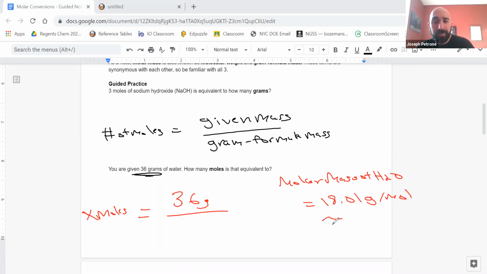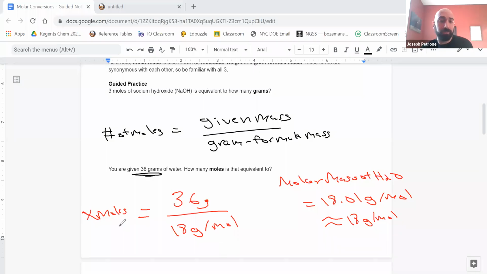So say 18 grams per mole. You'll probably see why that's helpful. So we're going to plug that into our denominator. So the gram formula mass here is 18 grams per mole.